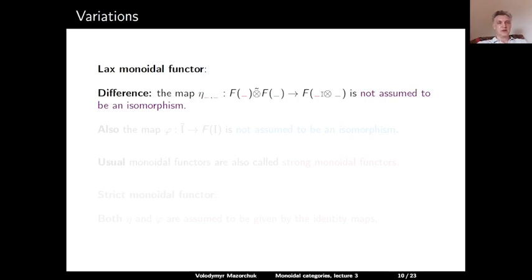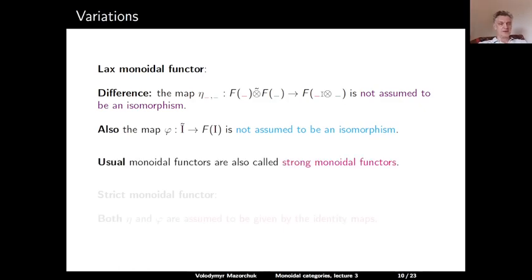The lax monoidal functor is defined similarly to the usual notion of a monoidal functor, with the only difference that the structure map eta from F tensor F to F of the tensor product is not assumed to be an isomorphism, just a natural transformation. And also the map phi from the identity in C tilde to F of the identity in C is not assumed to be an isomorphism either, just some homomorphism.